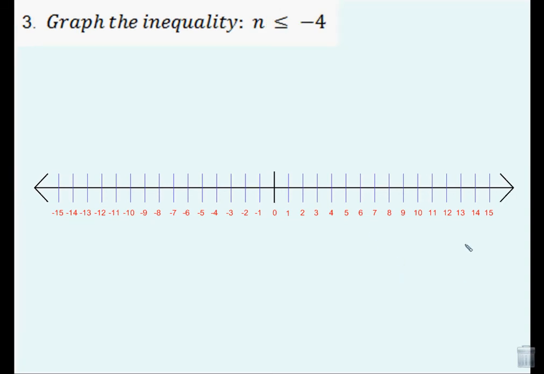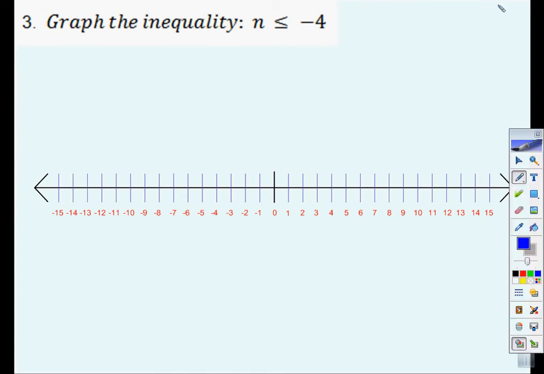All right, n is less than or equal to negative 4. Now on the number line, here's negative 4, and let's see, do we include negative 4? Yes, we do, because it says less than or equal to. So let me get my tools here.